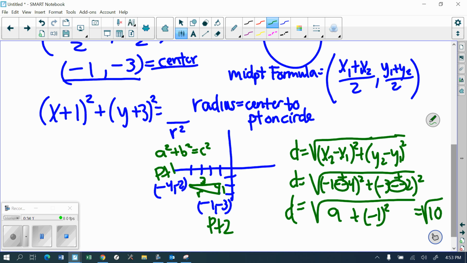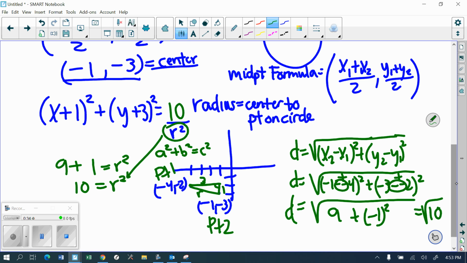Remember, the hypotenuse is always across from the right angle. So a squared would be 9 plus b squared 1 equals r squared. And 9 plus 1 is 10. Remember, I'm solving for r squared. That's what I need to fill in. Right here, r squared. Well, there it is. r squared equals 10.